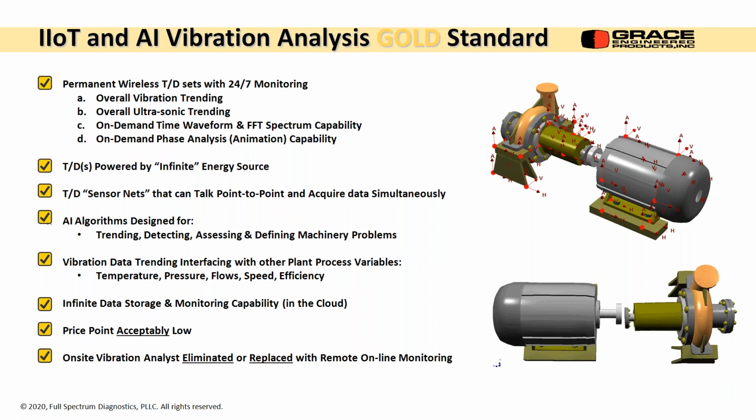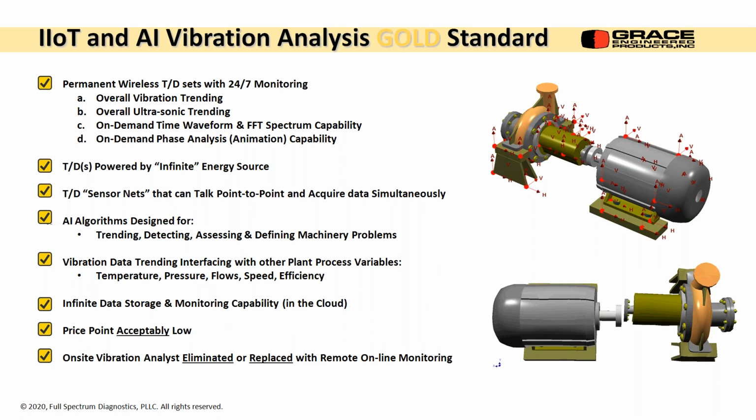And the four things that are of main interest right now are overall vibration trending, which is just an energy level response of the machine, and overall ultrasonic trending, which is a filtered high frequency failure mode for rolling element bearings. You'll get really small impacts that you can only see in the high frequency range. A lot of people are going to that, having transducers that can do both.